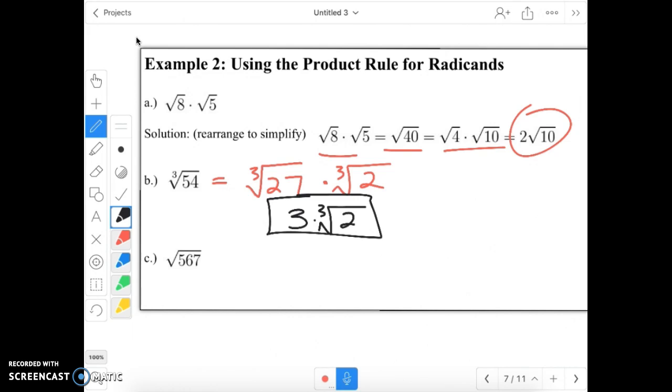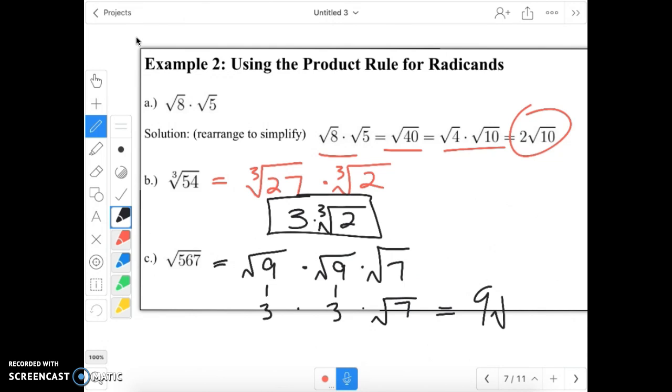So this is equal to 9 times 63, so that would be the square root of 9 times the square root of 63, which I could rewrite as the square root of 9 times the square root of 7. So I know that the square root of 9 is 3. Multiply those together and we would get 9. So this answer would be 9 root 7.